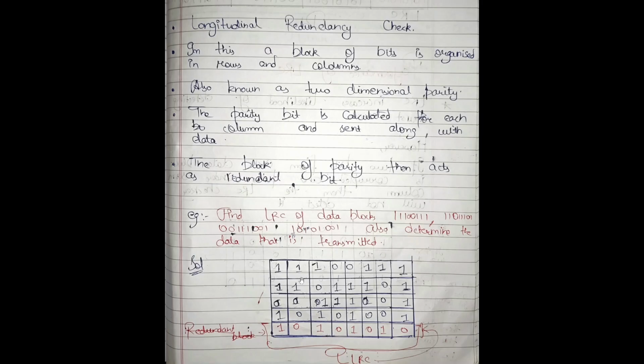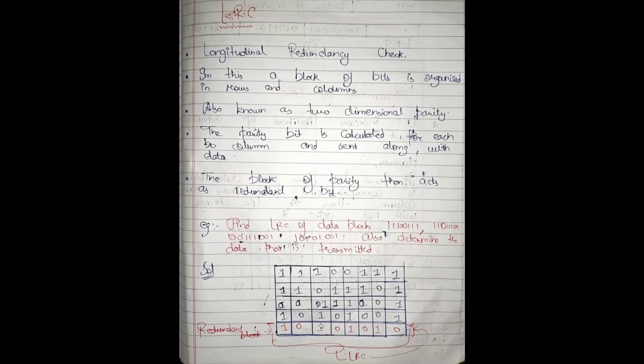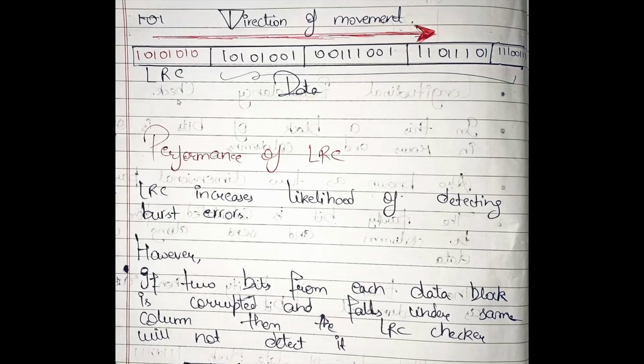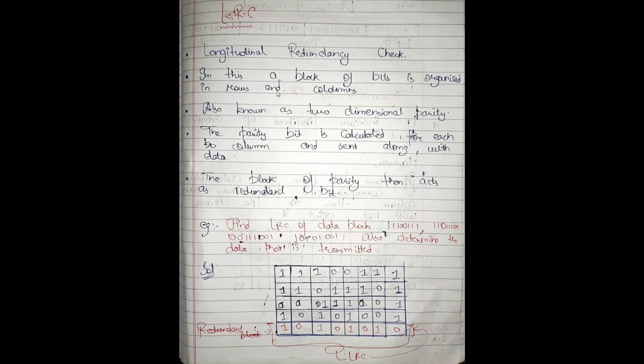After this, this is going to be sent. After this, after this, and at last we are going to send this block. Here you can see the LRC is at the last. So this is how we calculate LRC and transmit the data. Now, how is the receiver going to check it?